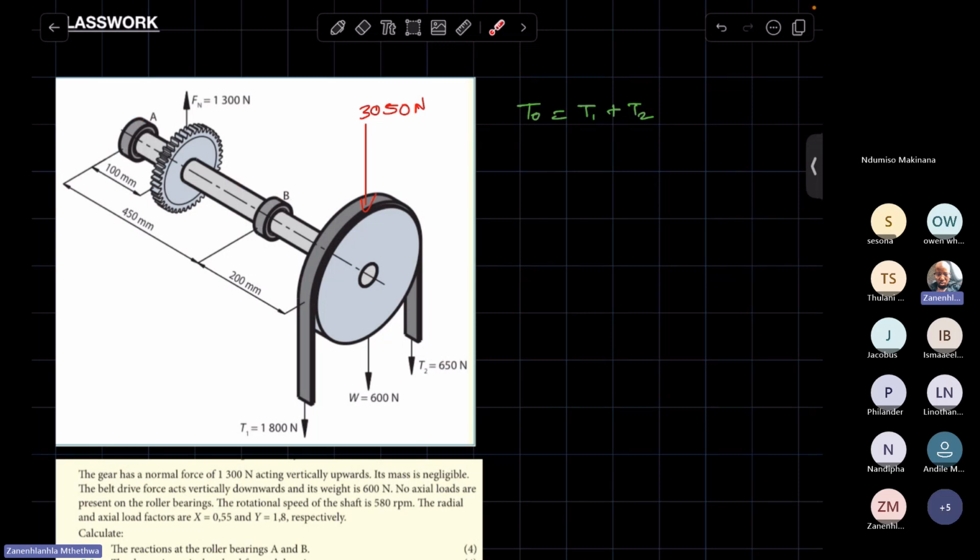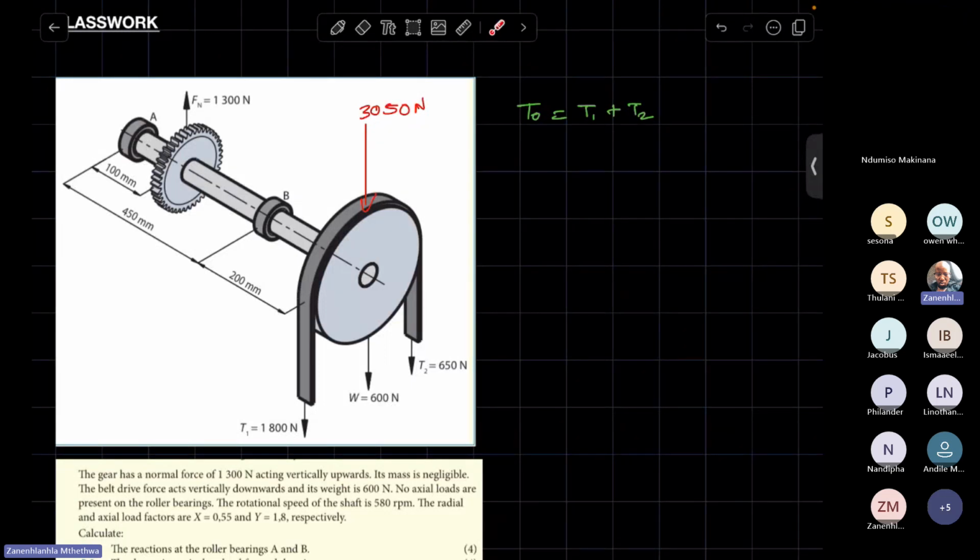Now, our assumptions will either be proven right or proven wrong. Since we assume that the reactions are pointing upwards, if the magnitude we get, or the direction thereof, is positive, then our initial assumption was correct.